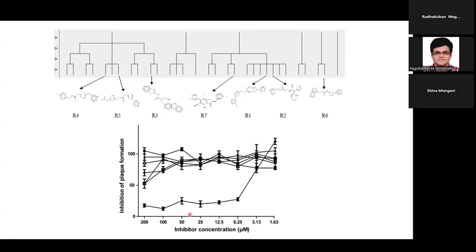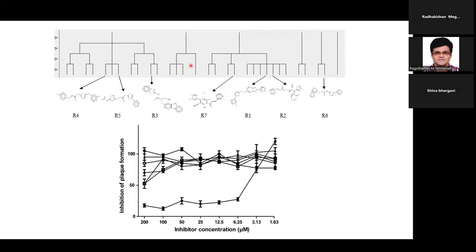What you see here is inhibition of plaque formation. This is the experimental method performed after MTT to find out which among these are really good molecules that can be taken to the next step. The next step in this process is testing whether it can really prevent the dengue virus from entering the host cell.